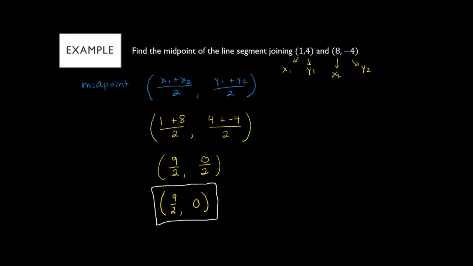We don't put it in a decimal unless it's a word problem, or if the numbers they gave you had decimals. But if they gave you whole numbers or fractions, you leave it as a fraction. So are there any questions on this example?